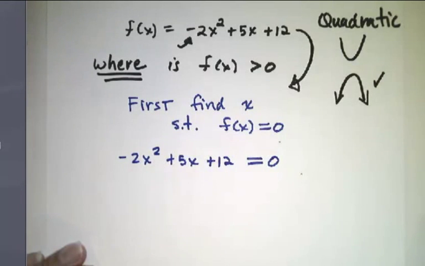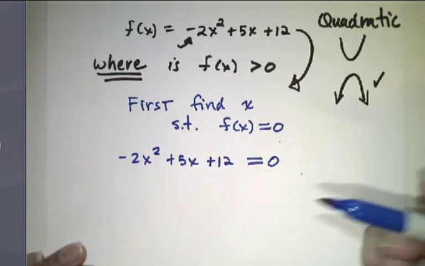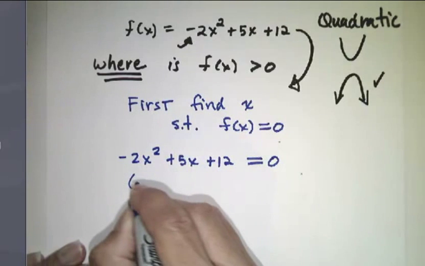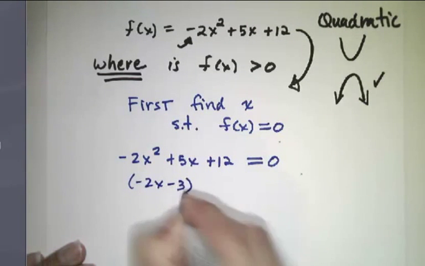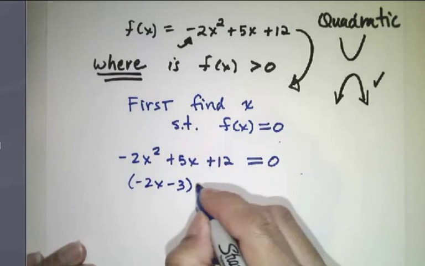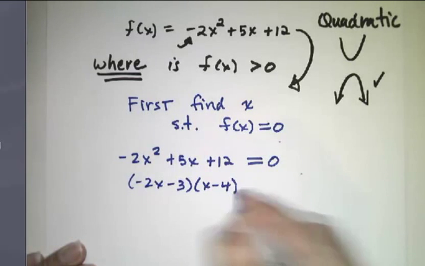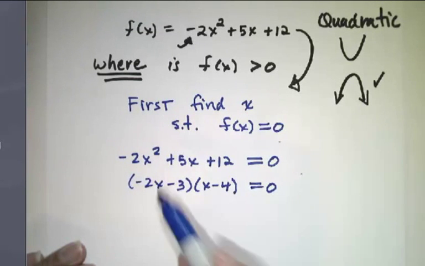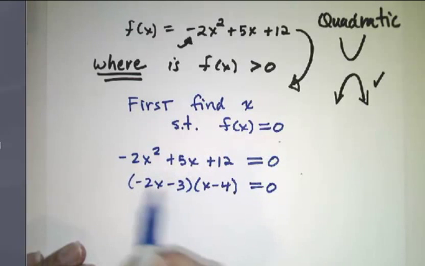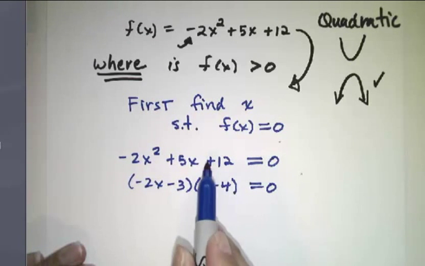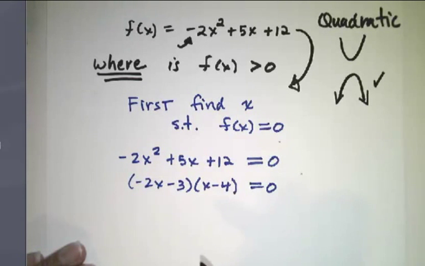Now, if we're lucky, this quadratic factors. And guess what? We are. Minus 2x minus 3 times x minus 4 equals 0. Of course, you can check this by remultiplying, and you should land back at that original function.